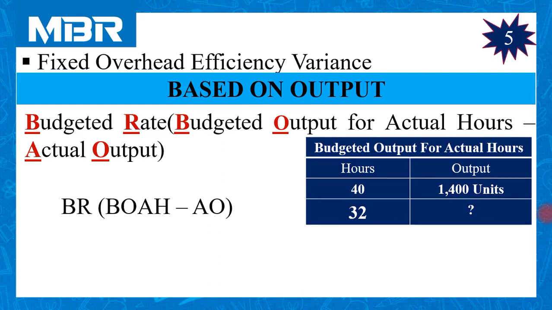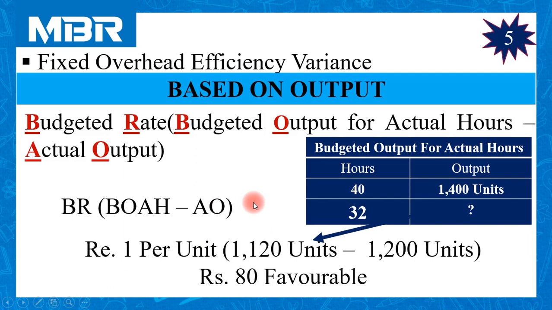As per the information given in the question for budgeted data, we can produce 1400 units in 40 hours. But actually we have worked for 32 hours. So in 40 hours, we are at the capacity to produce 1400 units. In 32 hours of effective working, how many units can be produced? So we can calculate this result using cross multiplication.